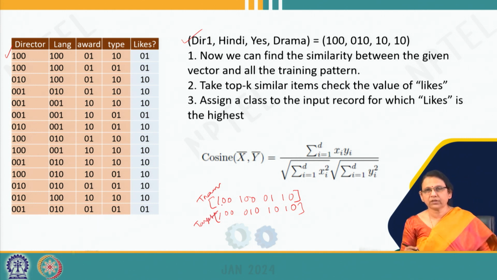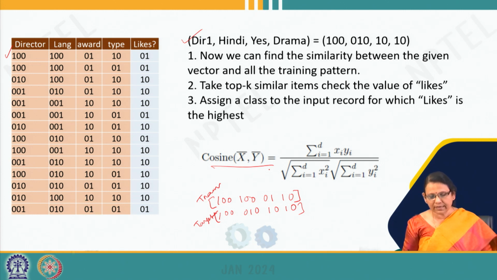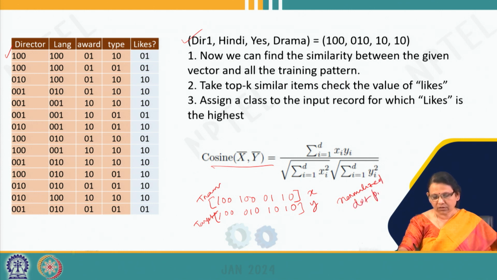How do we find out the distance or similarity? For finding the distance there are methods, but if we use cosine similarity, this is your x, this is your y. Element by element, this is basically your normalized dot product. So, element by element you multiply.